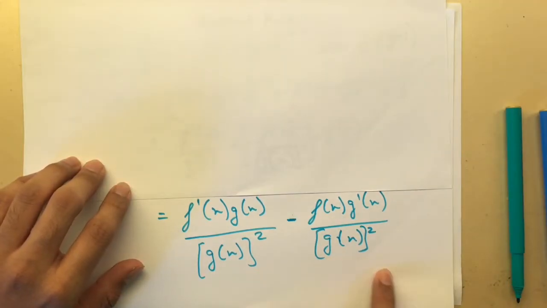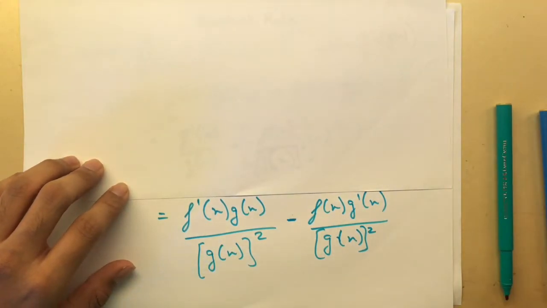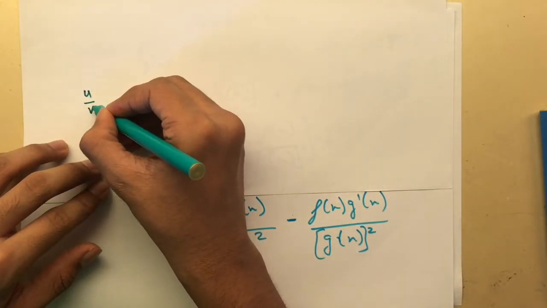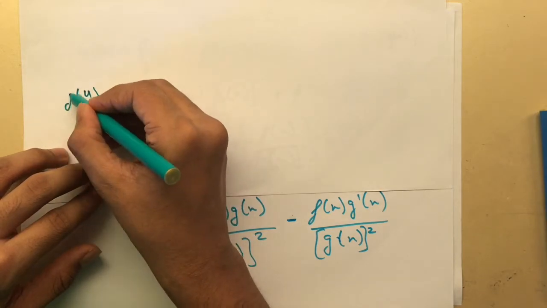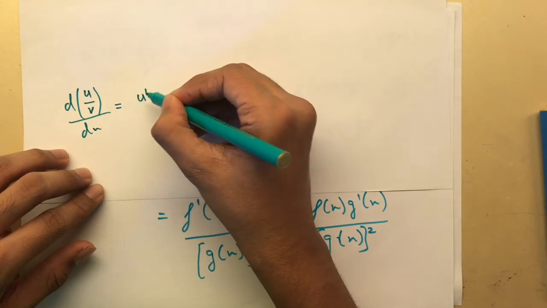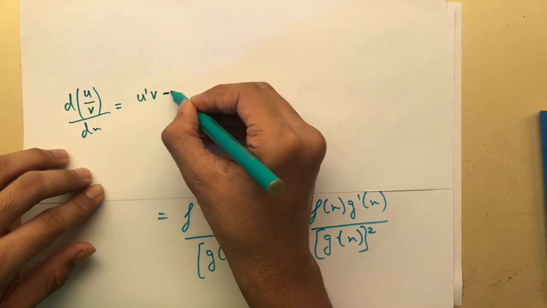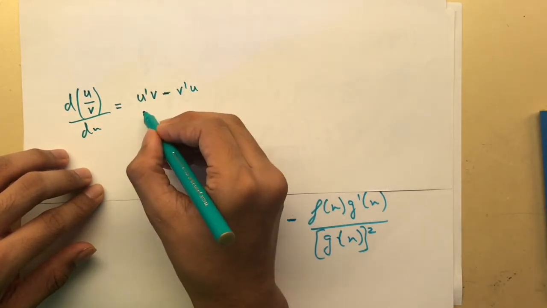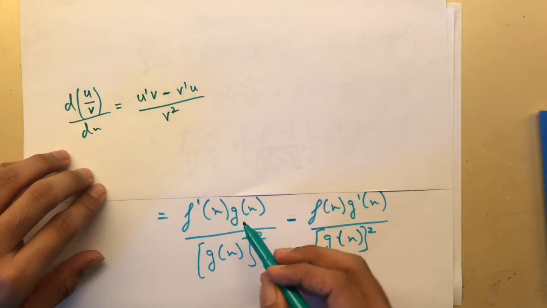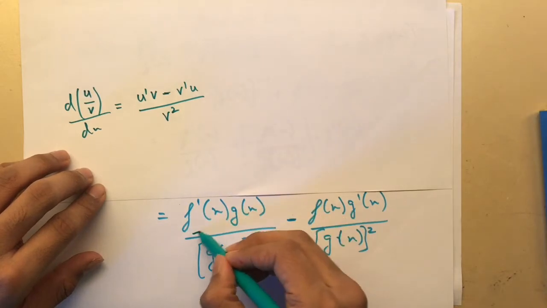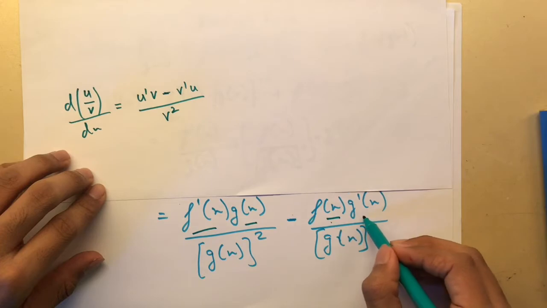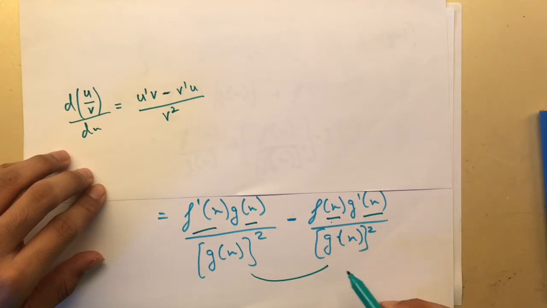And since the denominator is equal, we can just make it one fraction. So if it was the derivative of u upon v, so d by dx of u upon v, that would be u dash times v minus v dash times u upon v squared. Because this is u dash, this is v, this is u, this is v dash, and then this would be v squared.